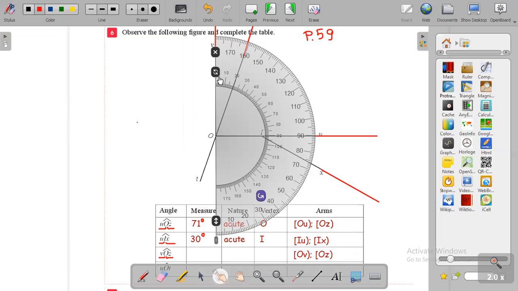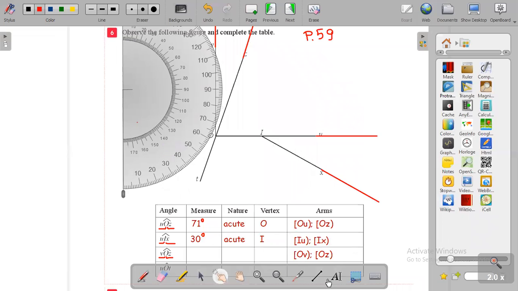The other side is at 20 degrees. So the measure is 20 degrees.